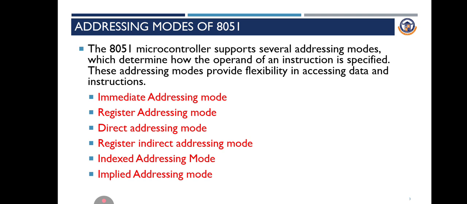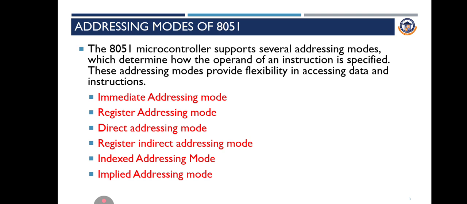Before we see the addressing modes of 8051, we should know what an addressing mode is. Addressing mode refers to a specific method that the microcontroller uses to access operands during instruction execution.